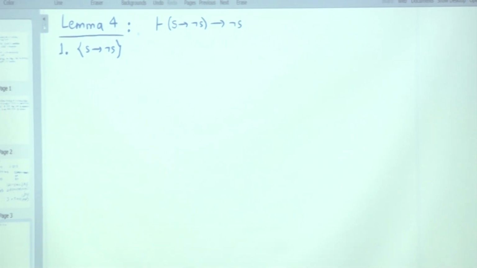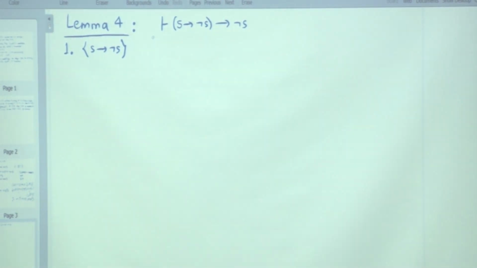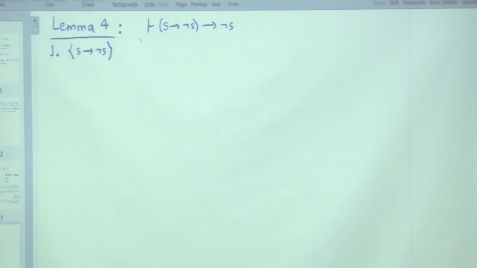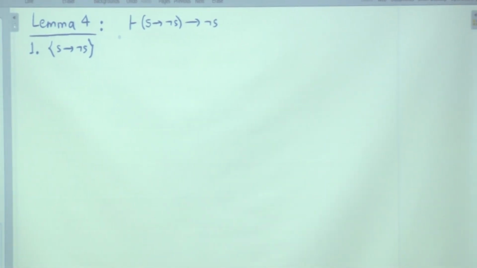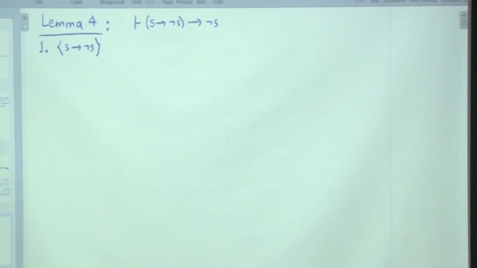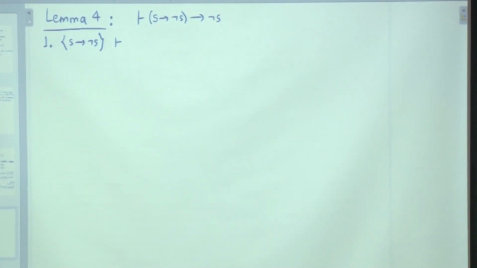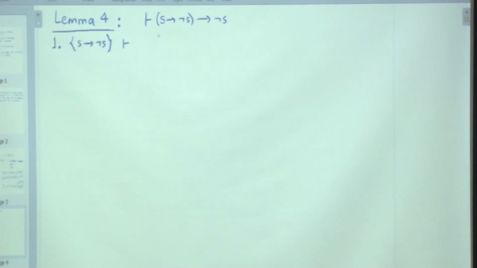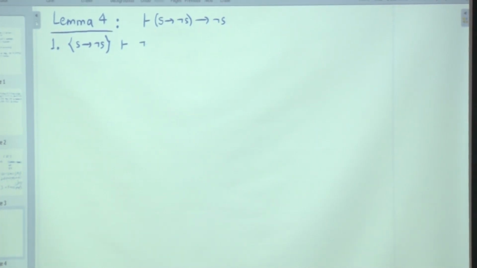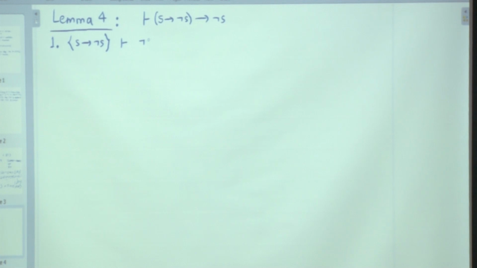This term, S implies negation S, is quite complicated to deal with, so it's better to keep it on the left hand side than on the right hand side. First of all, you can conclude double negation S implies S. What is the reason? At least tell me the reasons.